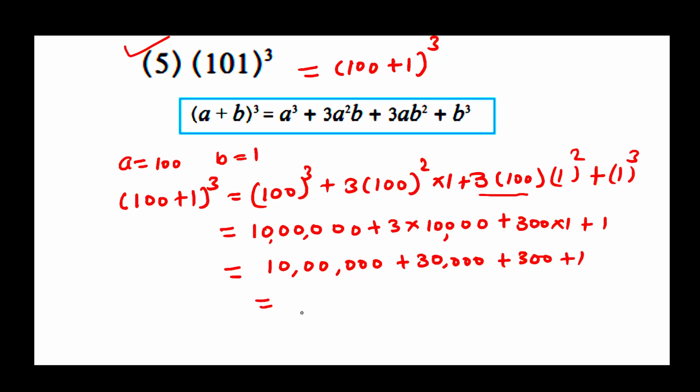We get 10 lakh 30,301. 101 cube means 10 lakh 30,301.